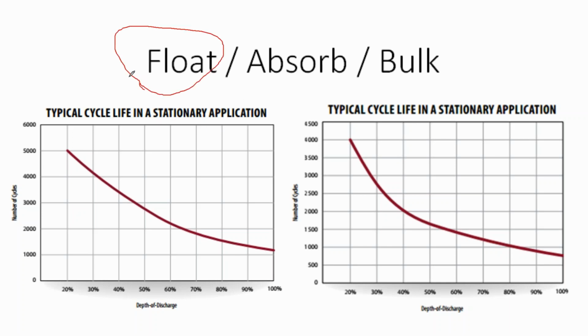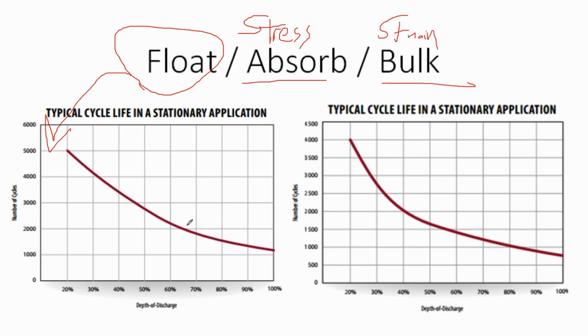Okay, back to the float. So the float is like this little top range. Then we get to the absorb and the bulk, which I would say is the difference between stress and strain. And where that fine line is, you can actually see it on this chart, which is kind of when it stops being a straight line and starts to bend.